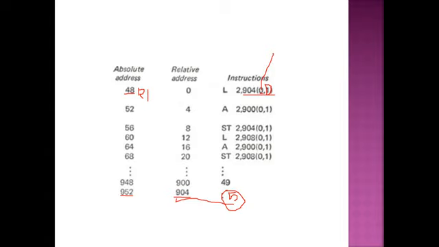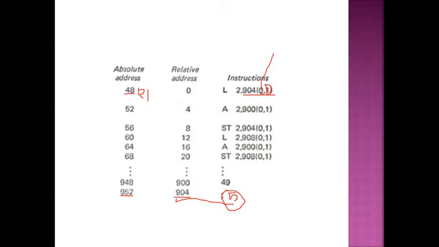So what is the actual complete meaning of this storage format? If I have to get my absolute address, I have to add my displacement plus the index register plus the base register. Normally the index register value is assumed to be 0. Register 0 is used as an index register, and its value is always 0, except in situations where you handle an array.